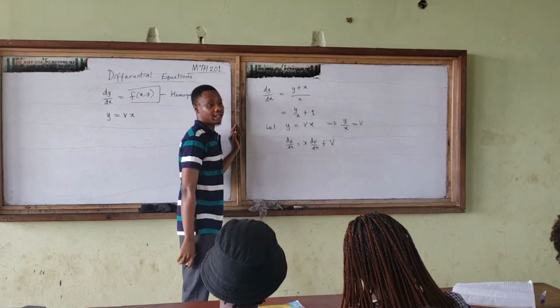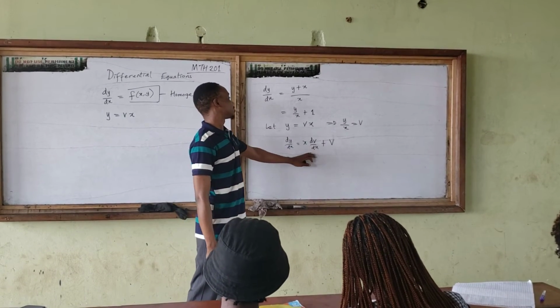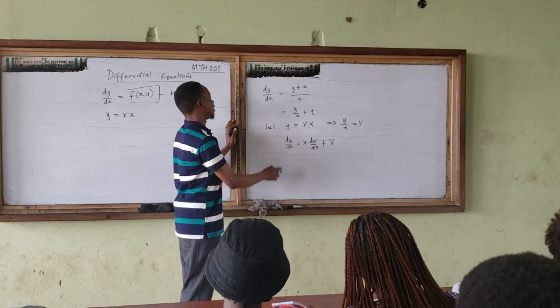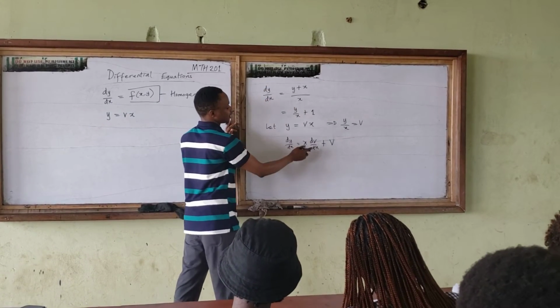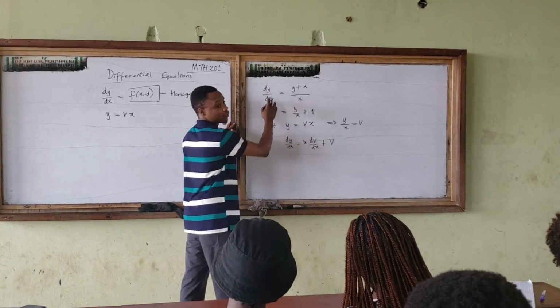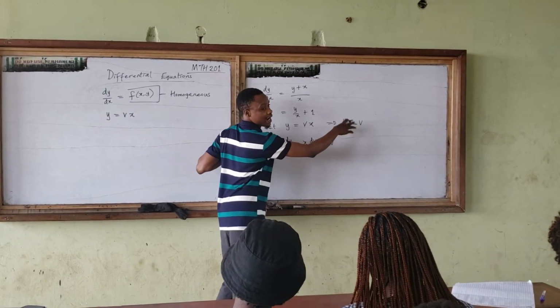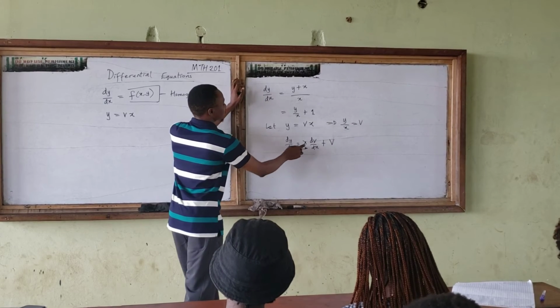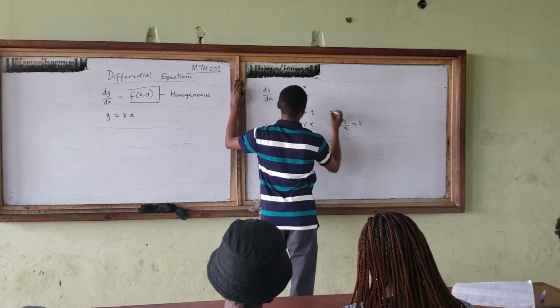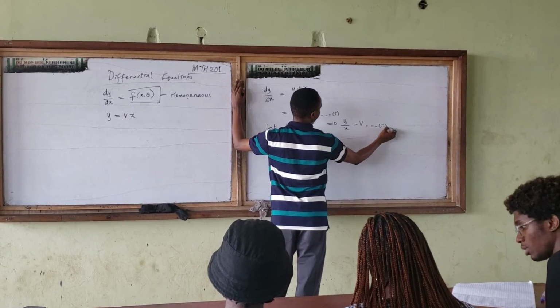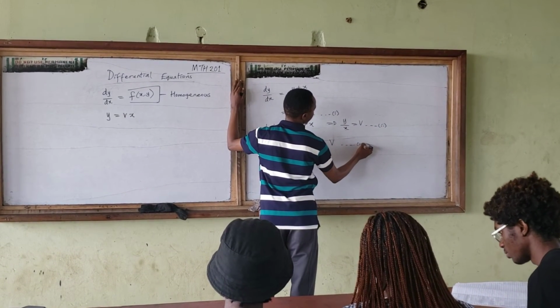Is that clear? Alright, so we can now make substitution in the original equation. In the original equation, we have this to be our dy/dx, so we are going to use this instead of dy/dx. Then we are going to use this instead of y over x. Let's say this is our equation 1, this is our equation 2, and this is our equation 3.